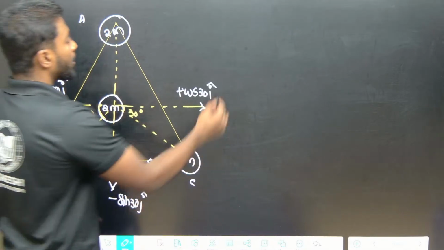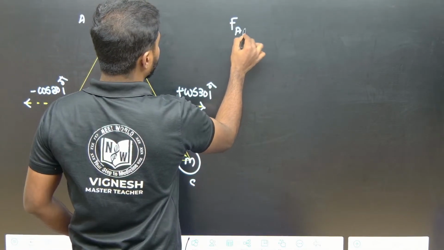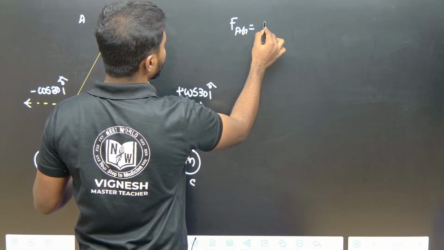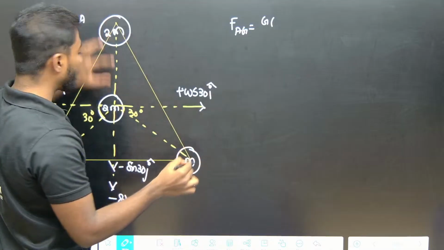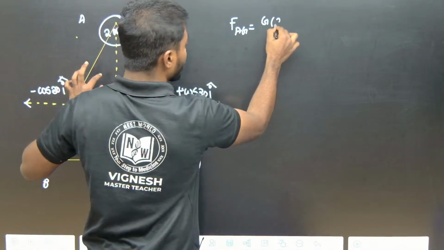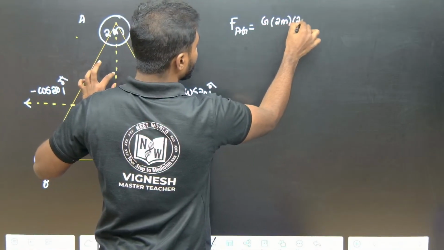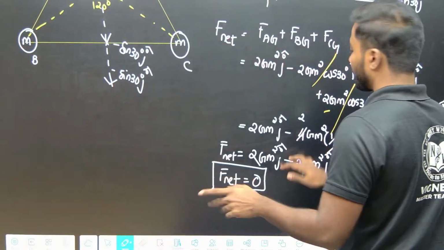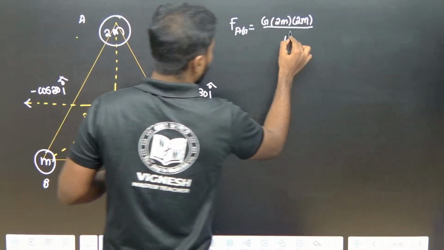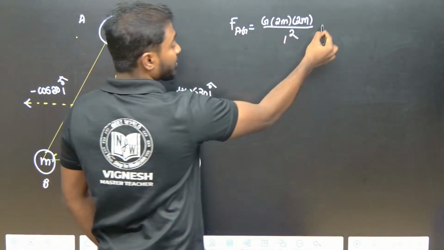Now, force FAG will be equal to G into how much? One is 2m, other one also 2m only. So, 2m into 2m. So, in the previous case we have written m square, right? Yes, it is fine, m square only, correct. So, by 1 square, how much it is, j cap or I cap?